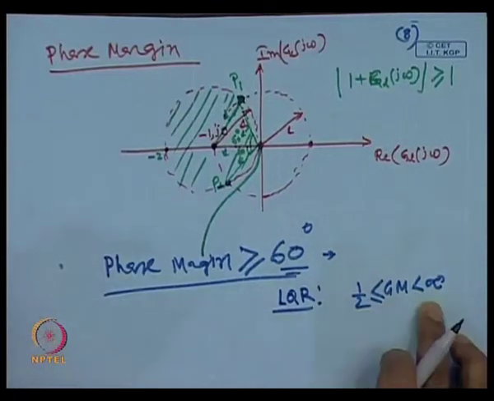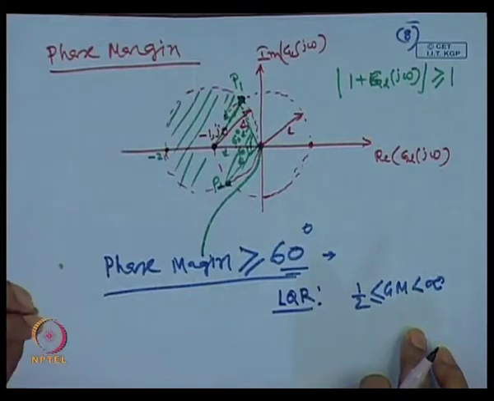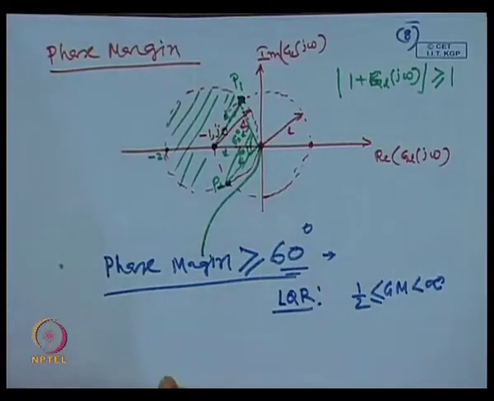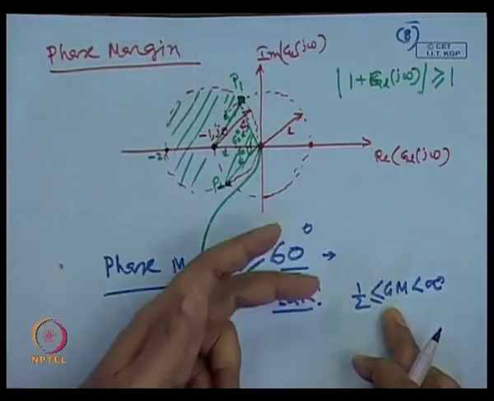What does it mean? We have designed the controller K based on LQR, and that gain can be increased by a factor up to infinity, and the system will remain stable, and similarly the gain can be reduced by a factor of half.